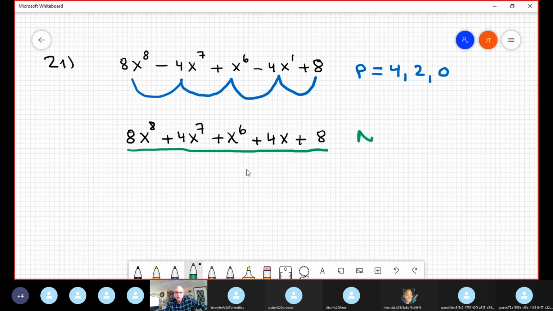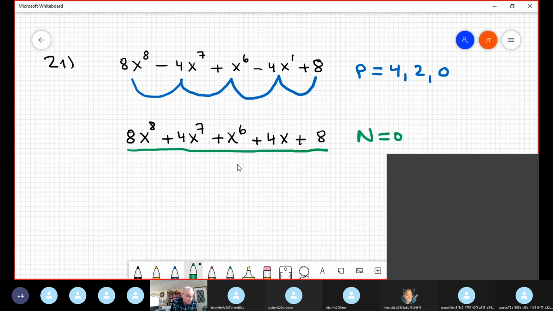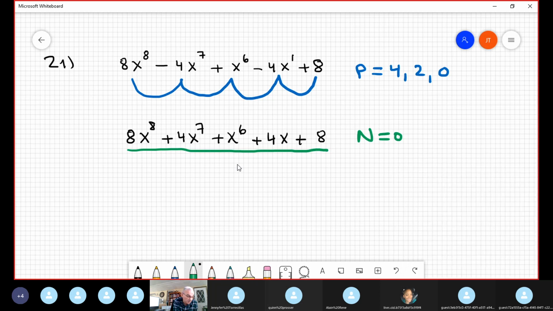Okay, now N is 0. So what is the conclusion? Option A is, in total we have 8 because the degree of the polynomial is 8. However, we have 4, 2, or 0 positive zeros, like P indicates, and no negative zeros. Option A, I select. So clear?